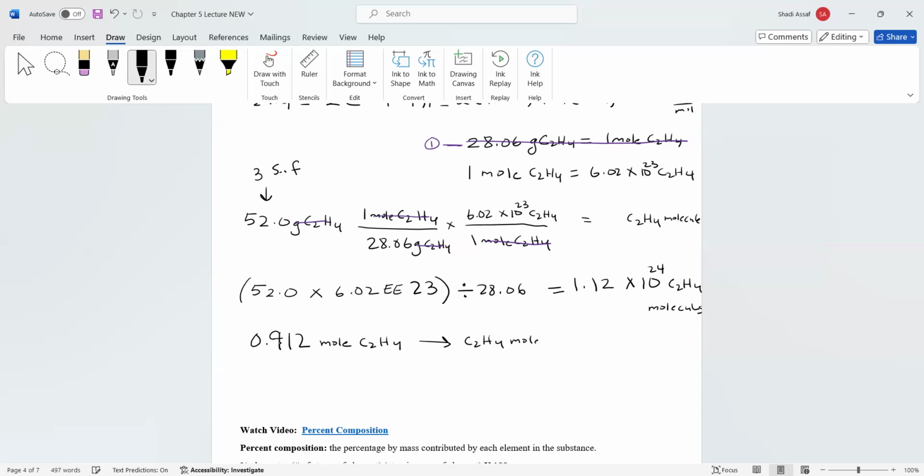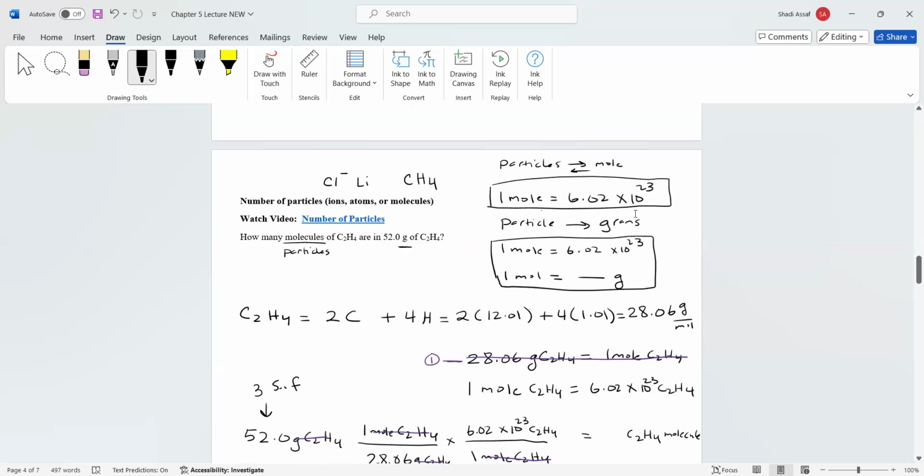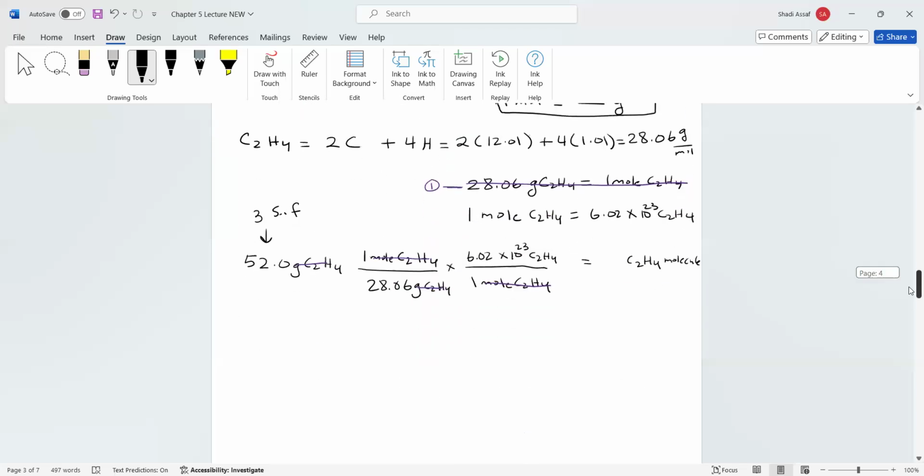Here, we're only going to use one conversion factor, which is Avogadro's number: 1 mole equals 6.02 times 10 to the 23rd.